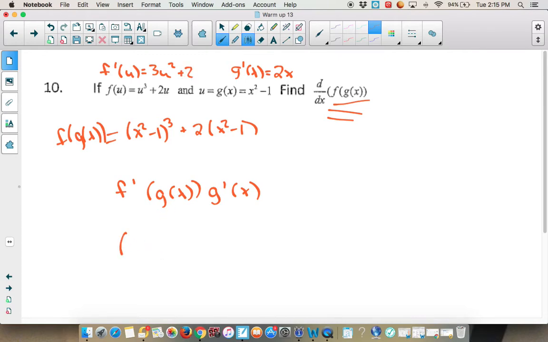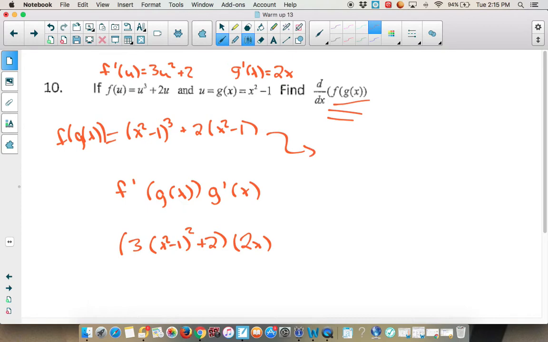So it's going to be 3, and then u is x squared minus 1 squared plus 2 times the derivative of the inside, which is 2x. And if you take the derivative of this, you're going to get the same result.